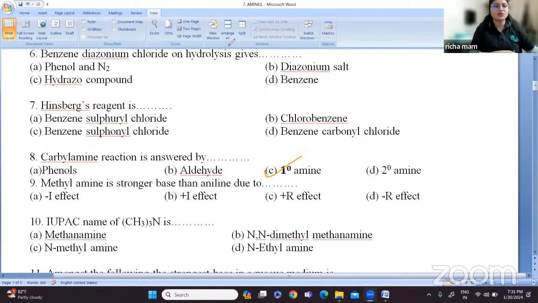Good. Vedvati and Vinushri have answered it right. It is C. It is best given by primary amines, both aliphatic as well as aromatic primary amines.